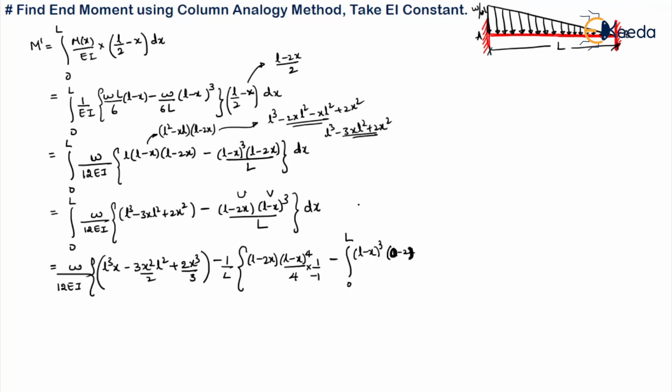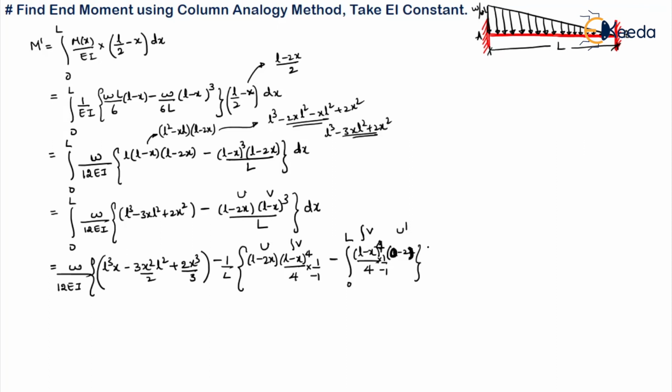So here we have to take 4 by 4 into 1 by minus 1. So it's basically u integration v minus u dash.